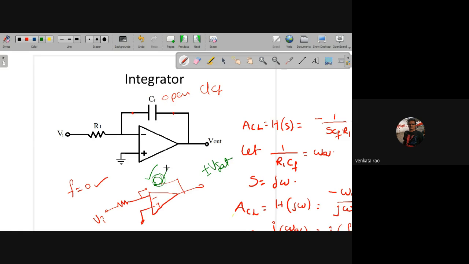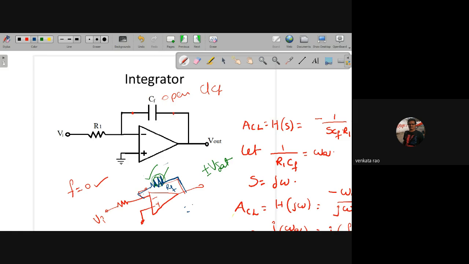Even though your capacitor is open, if I add one resistor to it like this, then even though the capacitor is open circuited at that time, due to this resistor the feedback continues.